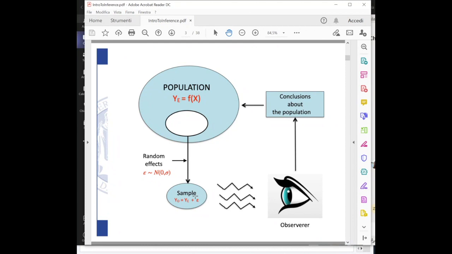So, of course, my sample must be representative. This is fundamental. If the sample is not representative, the experiment is invalid. So we cannot even talk about this situation. So we need to be sure that the sample is representative. And if the sample is representative, however, it doesn't look like the population, because all individuals are different.